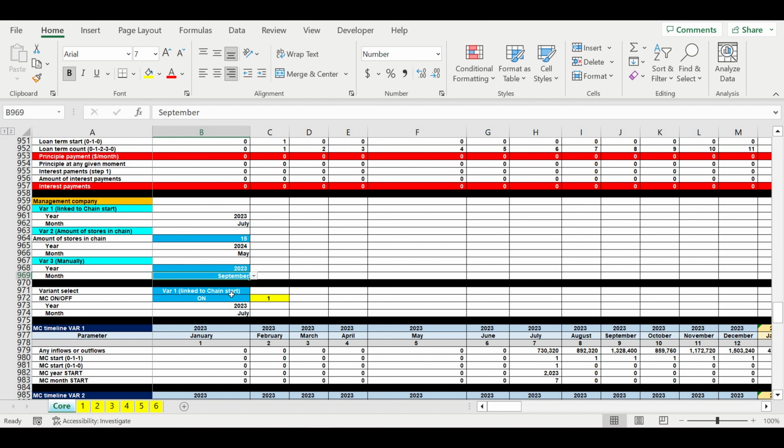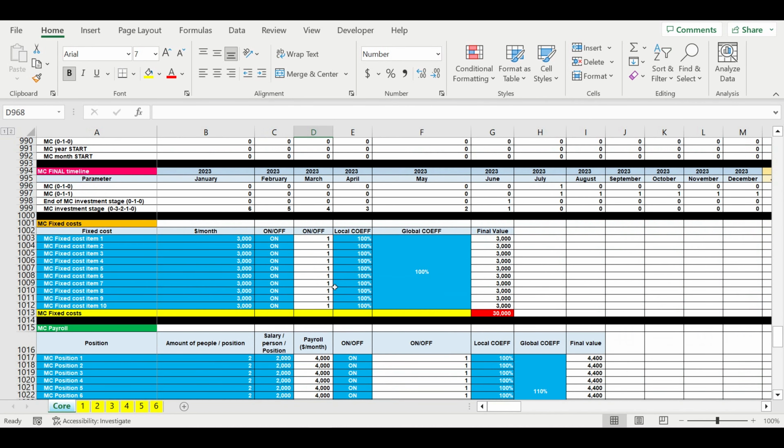we're setting up manually when we specifically want to open the management company, year and month. So here we specify what variant we would like to choose for our calculations. We can switch on and off the management company to see the performance of our chain itself or with management company together.